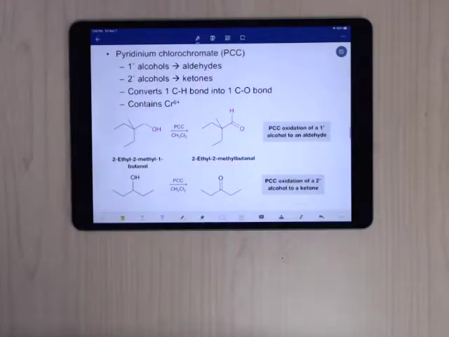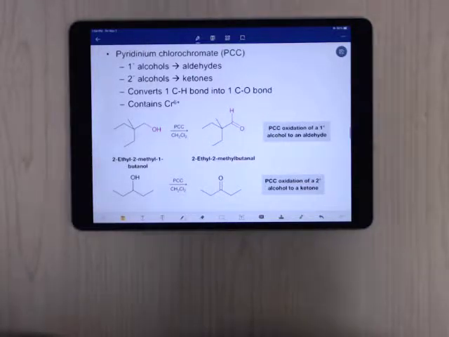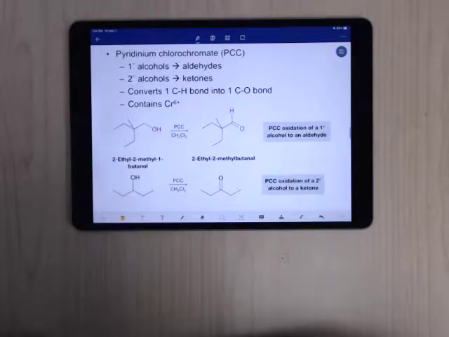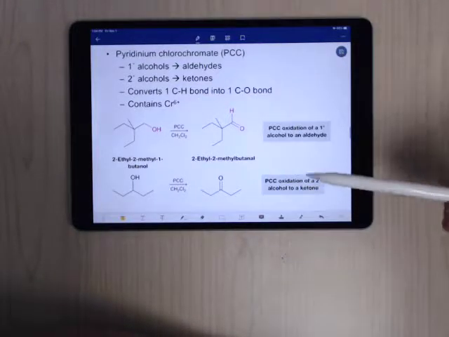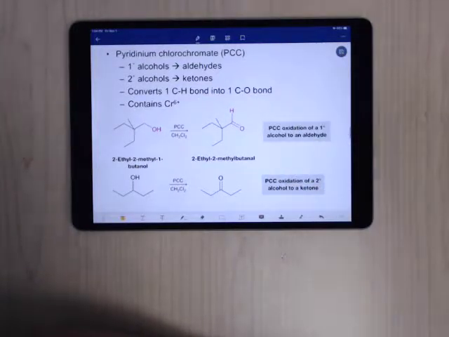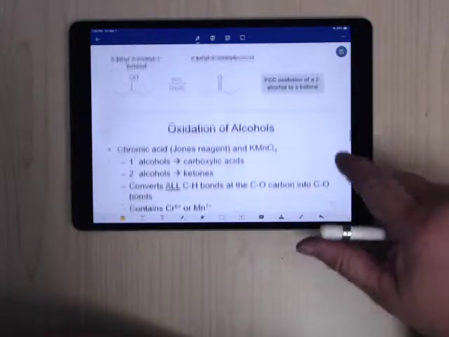It's very similar to when we were talking about hydrogenation, where a regular hydrogenation on a triple bond would take it all the way to a single bond. But if you used a Lindlar catalyst or some sort of poisoned catalyst, it would only stop at the double bond. Same thing here. We're basically poisoning the chromium so that it's only powerful enough to oxidize once, as opposed to all the way. So it's a very similar concept.